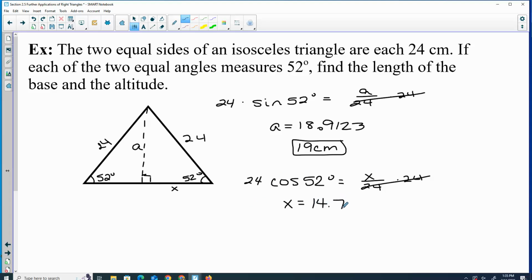That's 14.7759. But is that the entire base?